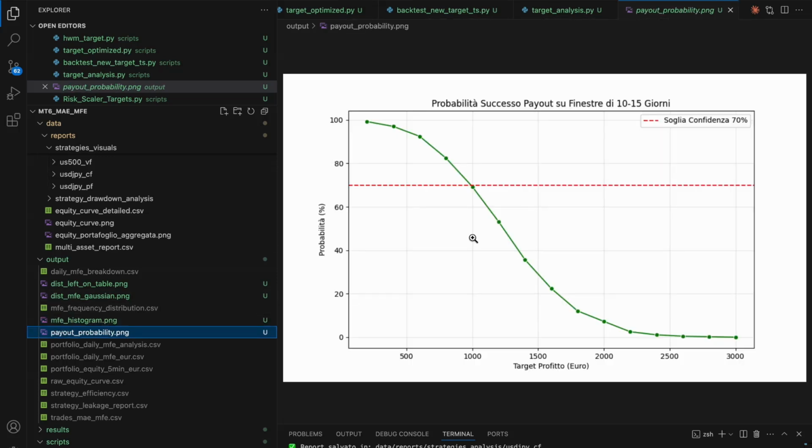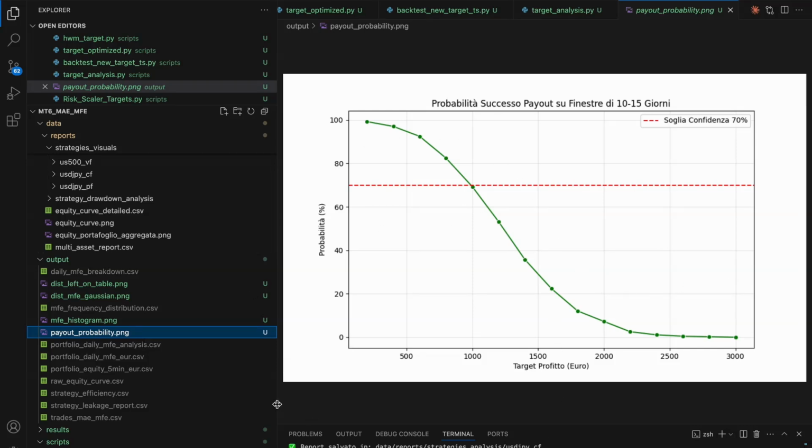Sometimes when you have a prop firm account, a funded account, you think, okay, I'm going to take money when I reach 2K because I think it's great. Okay, that's the worst thing you can do, because you're putting a target that doesn't make any sense. A fixed money target doesn't make any sense with markets.